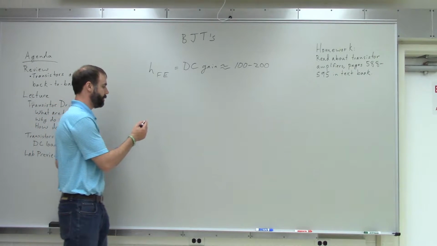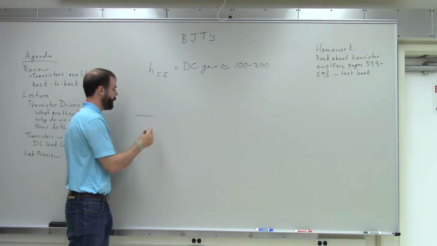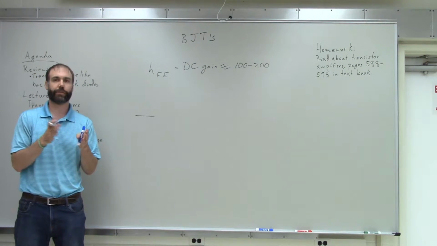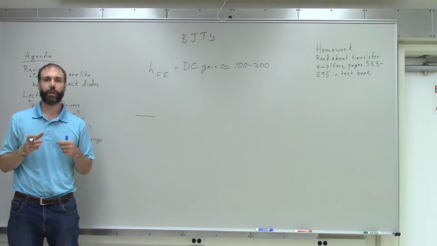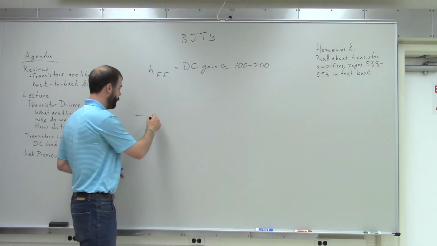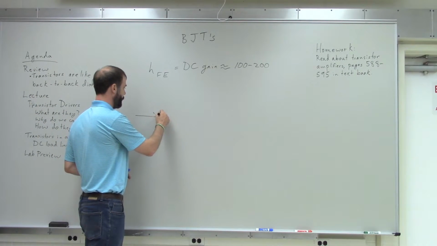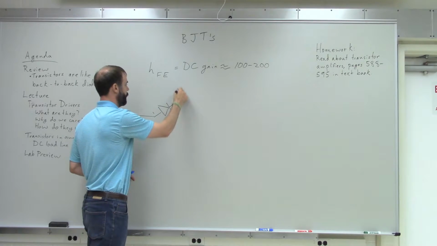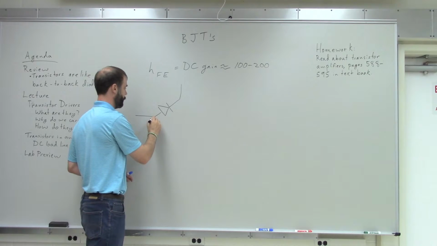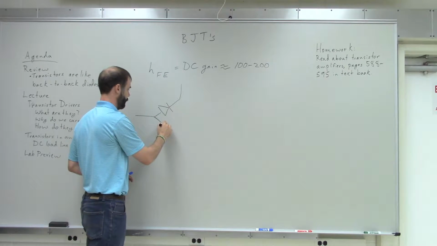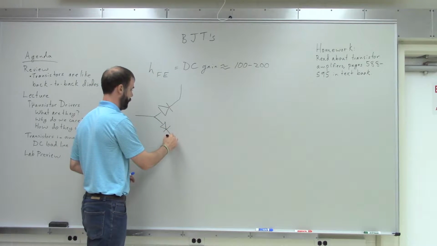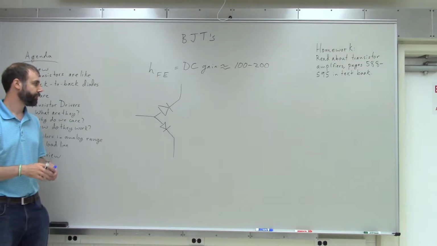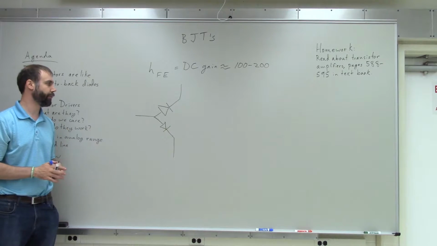Remember when we looked at the inside of a transistor, we said that it was made of 3 pieces of silicon sandwiched together. And so those 3 pieces of silicon acting together behaved like 2 diodes back to back. So we said that the transistor acted kind of like 2 diodes back to back.